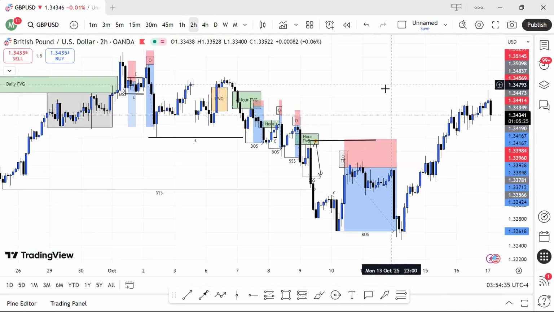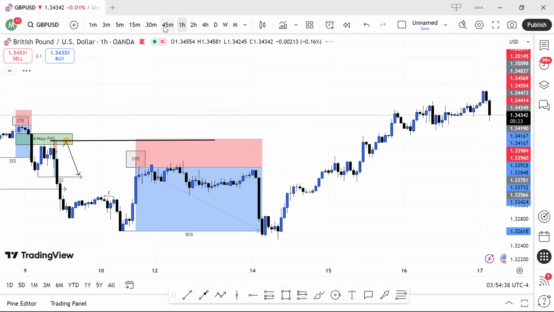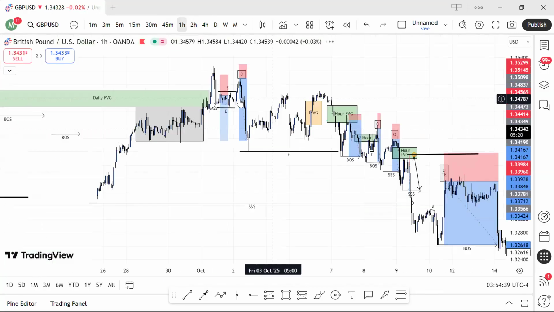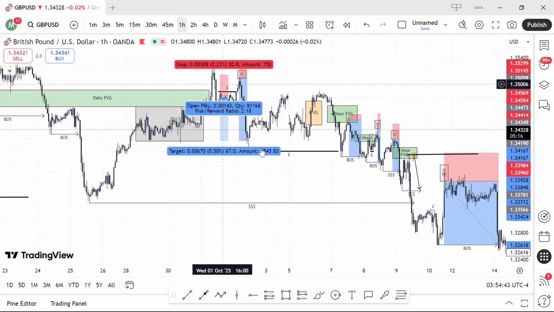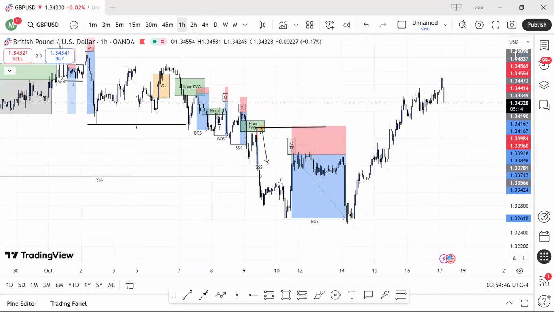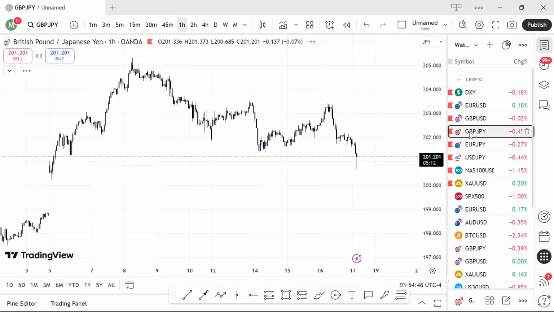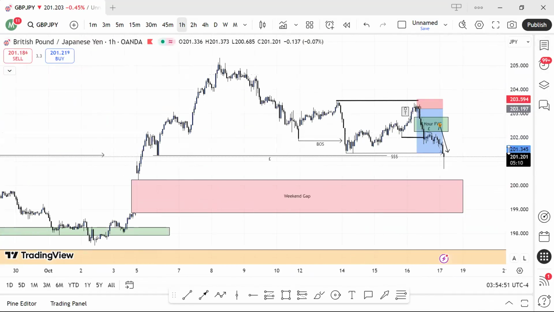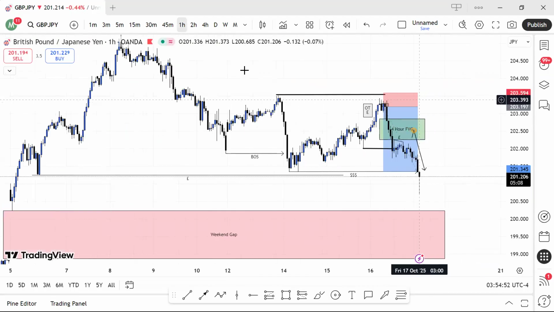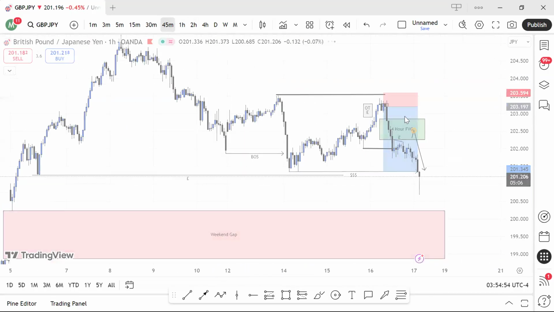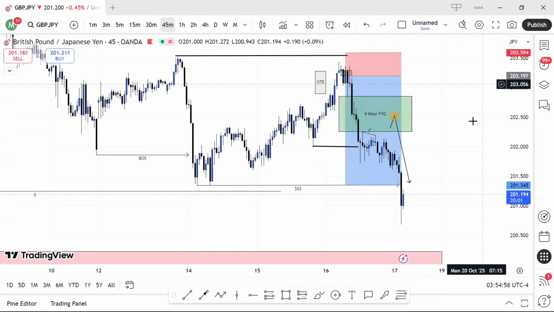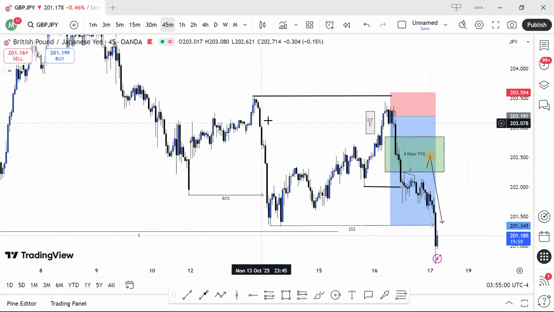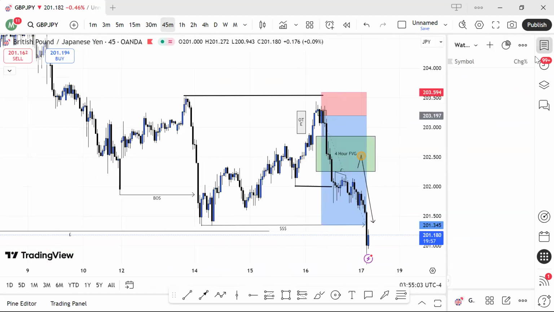This is pound USD over the several trades that we took since 25th October until today. This is GBP JPY. We took this trade since yesterday on Thursday.